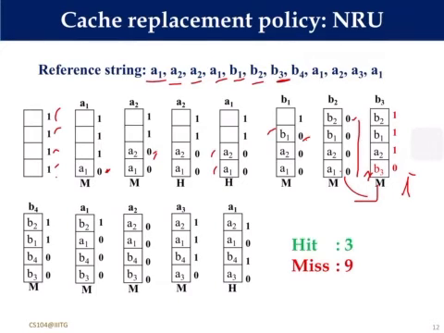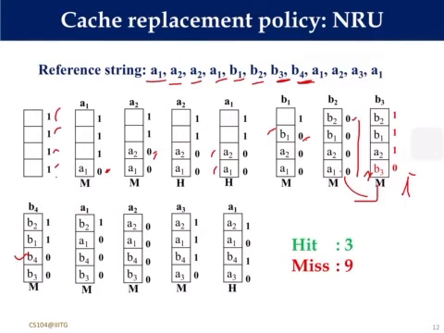All right. So then B4, the same will happen for B4, but when B4 comes, we have 3 blocks with NRU bit as 1, so you can replace any one. Of course, as we are going this way, you replace A2, A2 will go and B4 comes here.